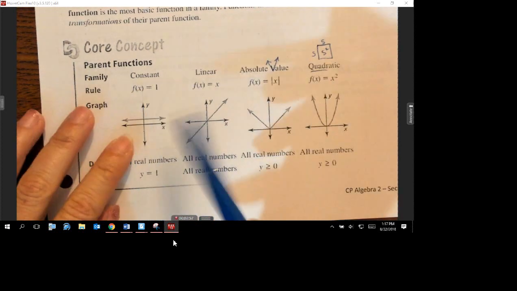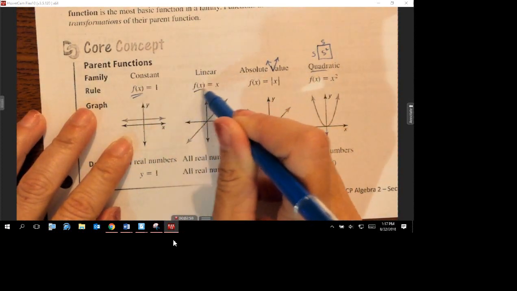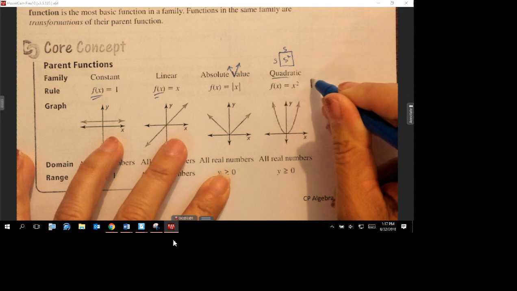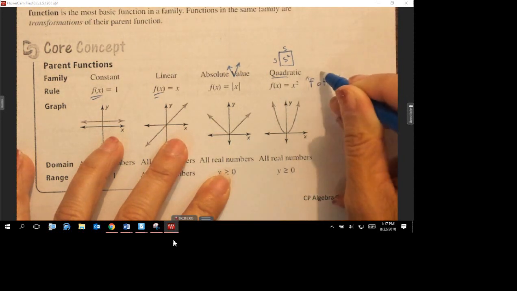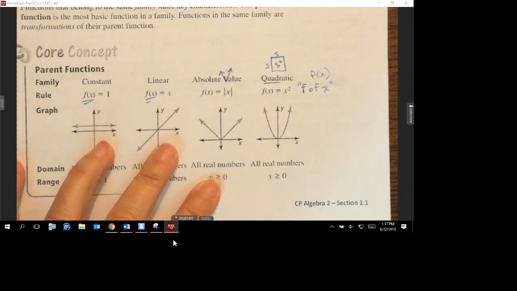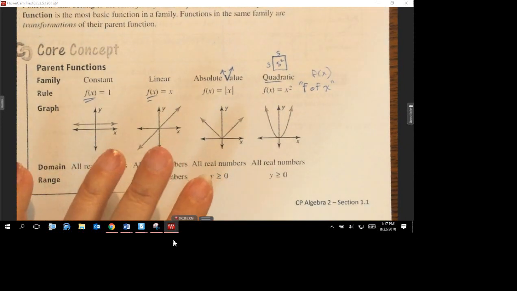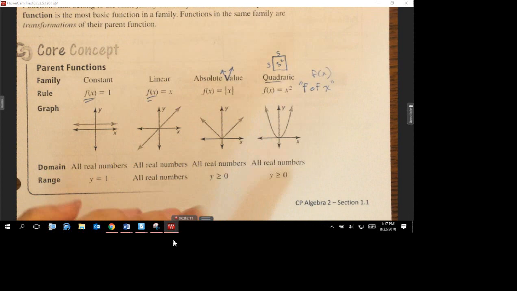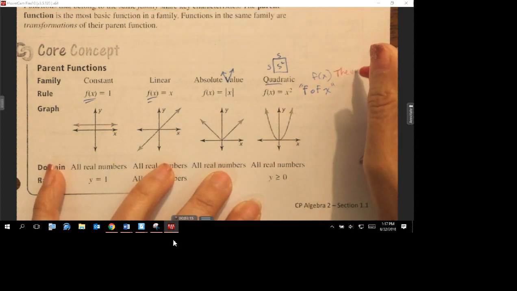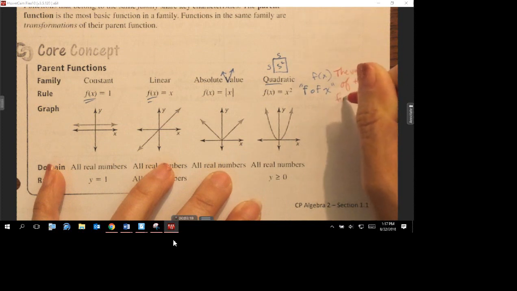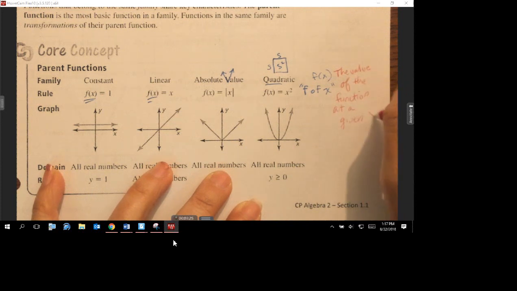Now you'll notice that all of these start with f of x. That's how we say f parentheses x: f of x. What that stands for is the value of the function at a given x.